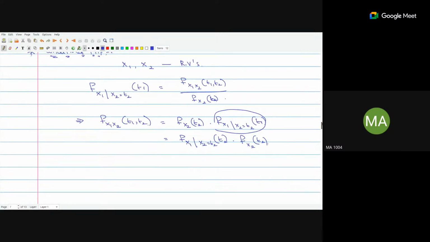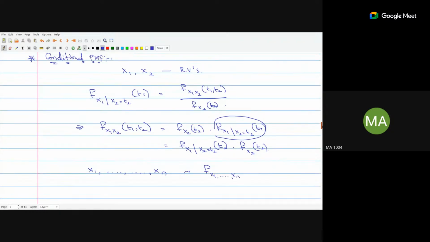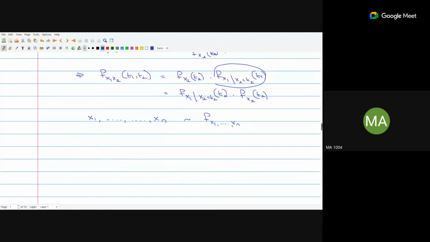So if I extend this argument to multiple random variables, say X1 to Xn, with some joint distribution f_{X1...Xn}, how can I write this joint distribution by factoring? Factorizing means writing it in terms of products.